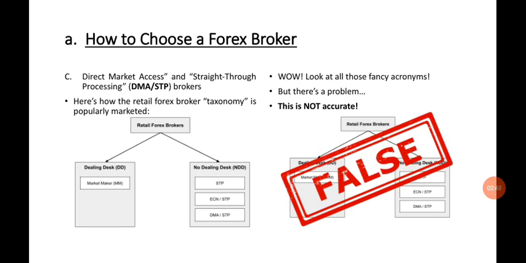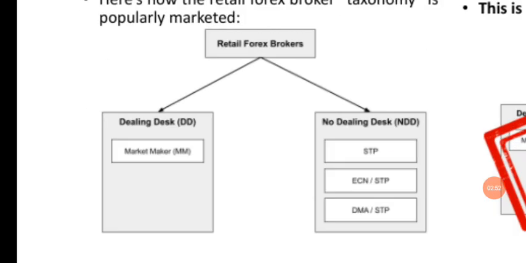So here's how the retail Forex taxonomy is marketed. Retail Forex brokers are divided into two: dealing desks, which are made up of the market makers, and no dealing desks, which are the STP, straight through process, ECN, electronic communication network, and DMA/STP.